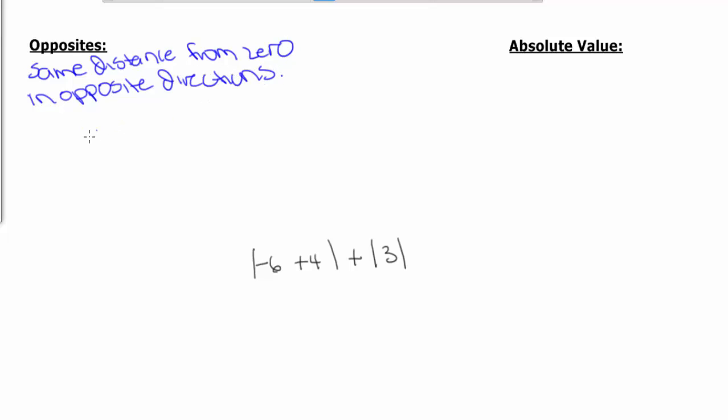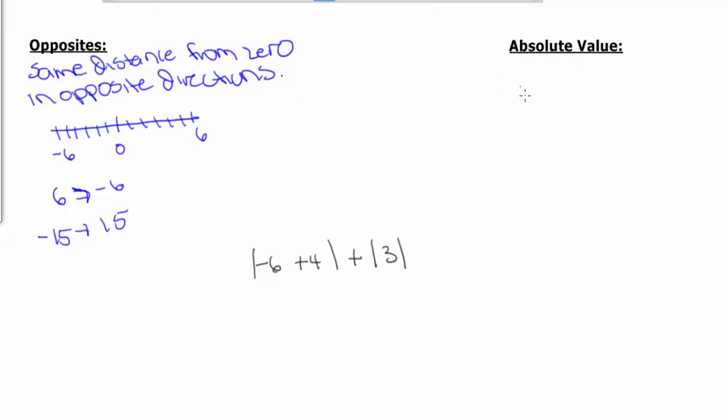If this is 0 and you have 6, 1, 2, 3, 4, 5, 6, it's the same amount in the opposite direction. So the opposite of 6 is negative 6. The opposite of negative 15 is 15. You just change the sign. It's just the opposite.